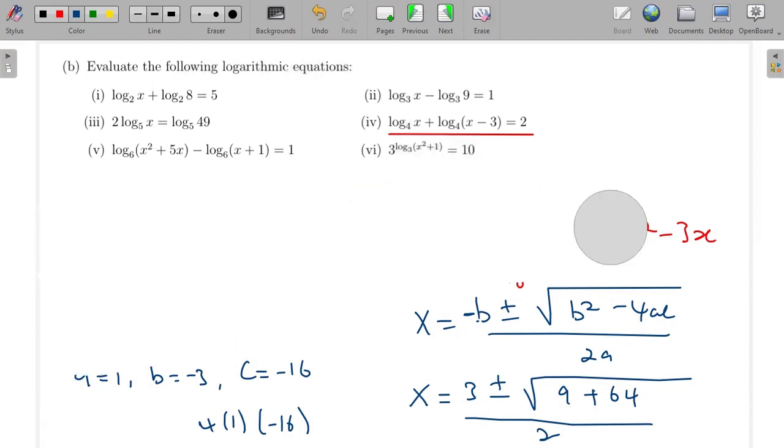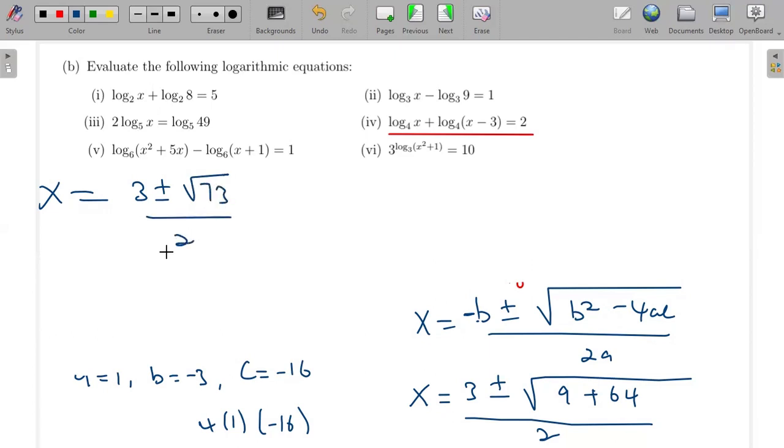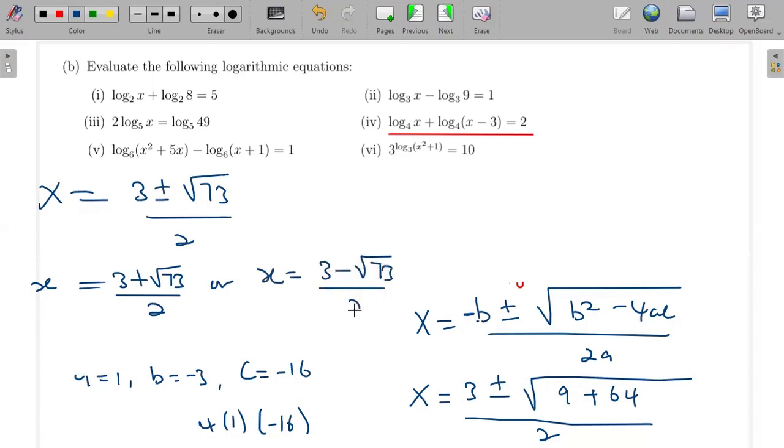So let's continue from on top here. We're going to have x is equals to 3 plus or minus the root of 9 plus 64, and 9 plus 64 is 73, over 2. So it means x will be equals to 3 plus root of 73 over 2, or x will be equals to 3 minus root of 73 over 2.